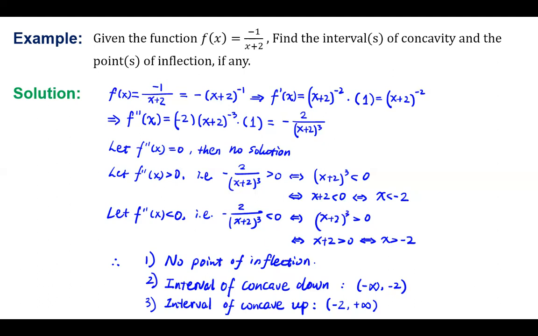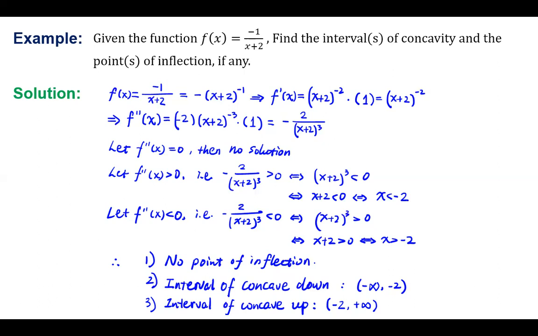This gives us x+2 must be smaller than 0. Therefore, x must be smaller than -2. Understand? If you find x is smaller than -2 makes the second derivative greater than 0, that means that interval is an interval of concave up, right?